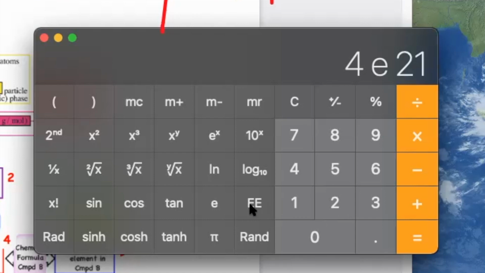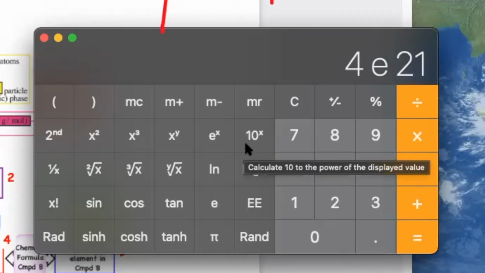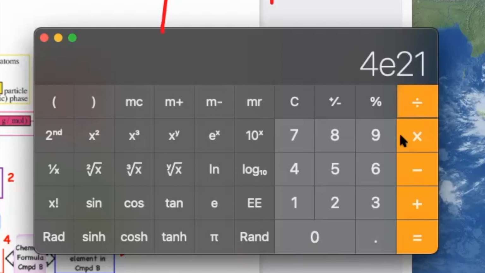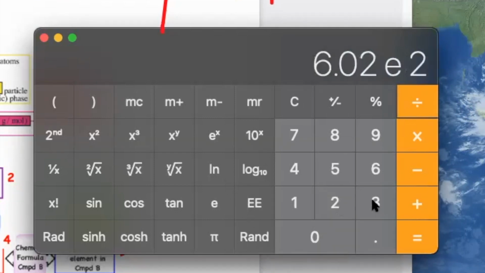You should find in your calculator a double E or an EX key. Don't use this function. Use this because this is part of making the number an exponent. Then I'm going to divide by 6.02 exponent 23.